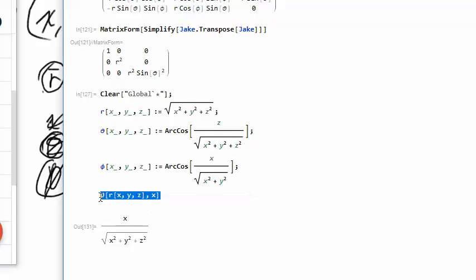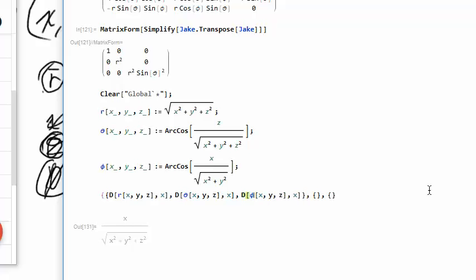Okay, once again, I'm going to set up my Jacobian by doing some copying and pasting. It's going to be 3 lines. I should make the first line first, and we're going to go derivative of r, derivative of theta, and derivative of phi.